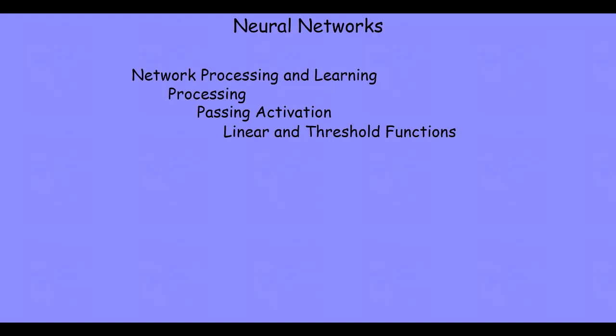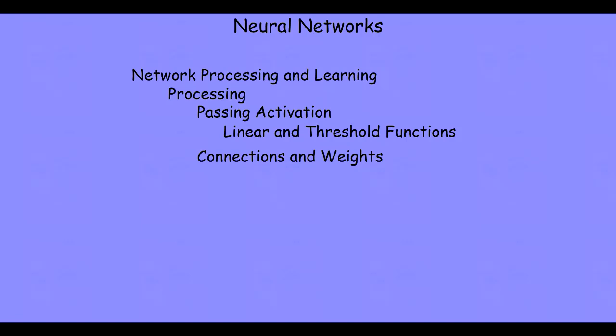Now, there are two sorts of ways in which activation gets passed through two different kinds of functions, linear functions and threshold functions. And we'll talk about those very briefly as well. And once activation is being passed, it will be modified by connection weights.